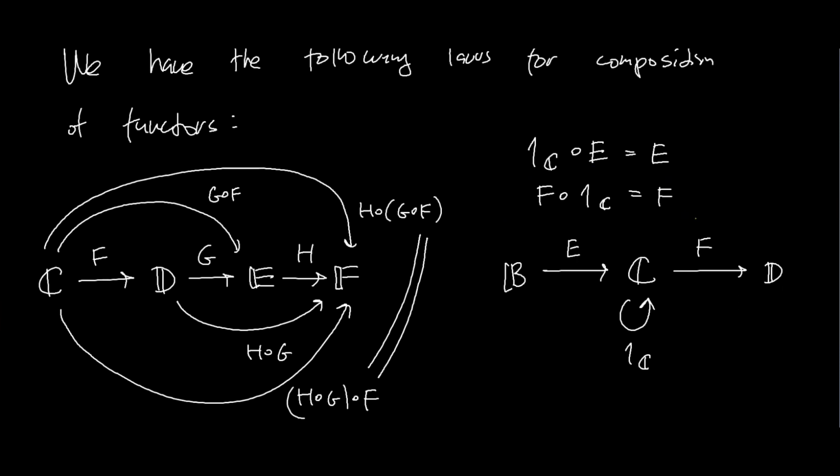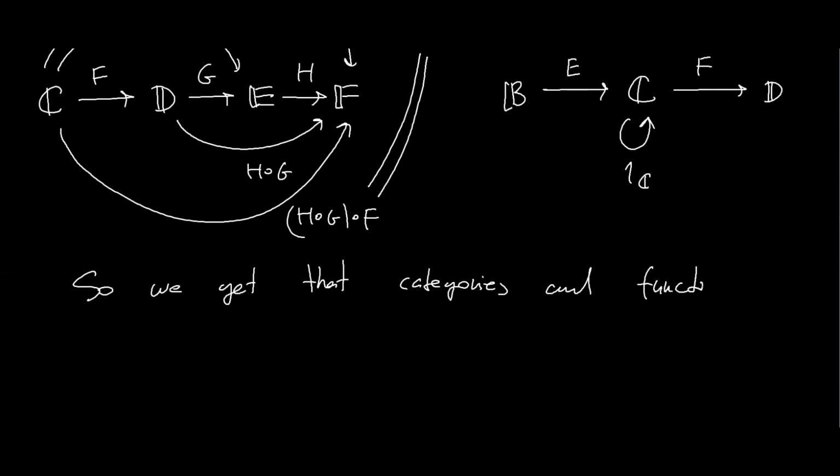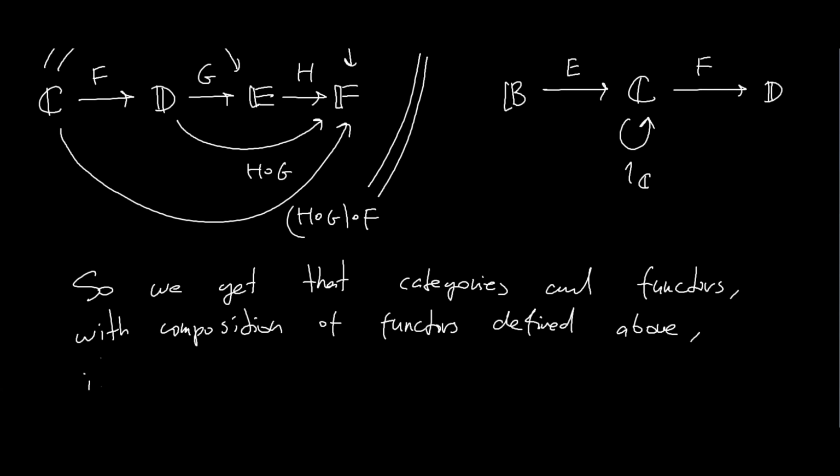What do we get as a result? So we get that categories and functors, with composition of functors defined above, itself forms what?